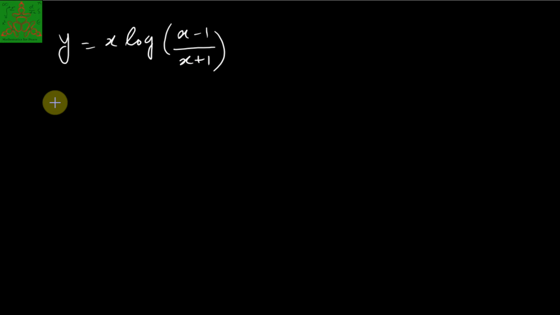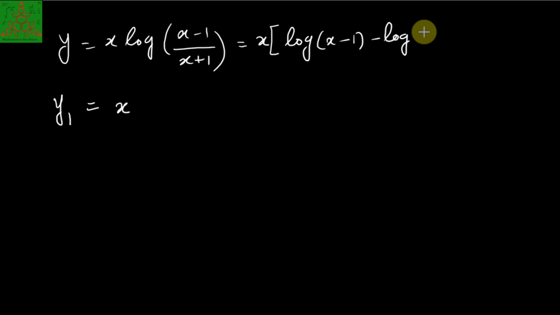So the idea is to calculate the first derivative of that. According to the product rule for derivatives, the x I can keep as it is, and to differentiate the log quantity I use log a upon b, which is log a minus log b.